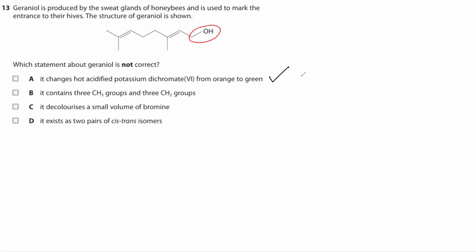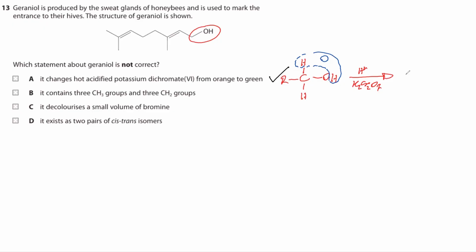We learned that for a primary alcohol, if I add acidified potassium dichromate, what it will do is provide oxygen atoms. It's like an oxidizing agent. This oxygen atom grabs these two hydrogens, forming water, giving you an aldehyde.